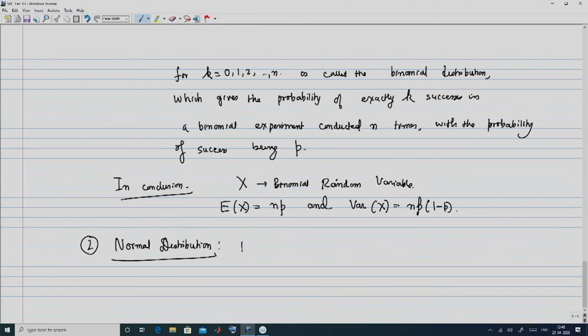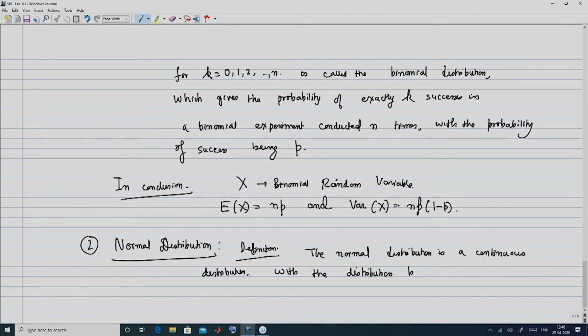So I'll begin with the definition right away. The normal distribution is a continuous distribution with the cumulative distribution given by phi mu sigma of t.